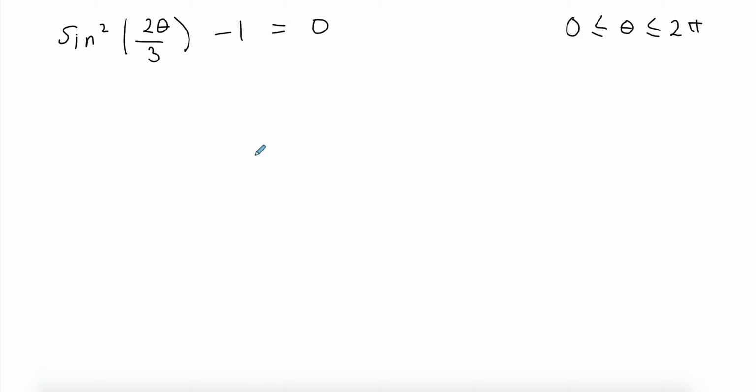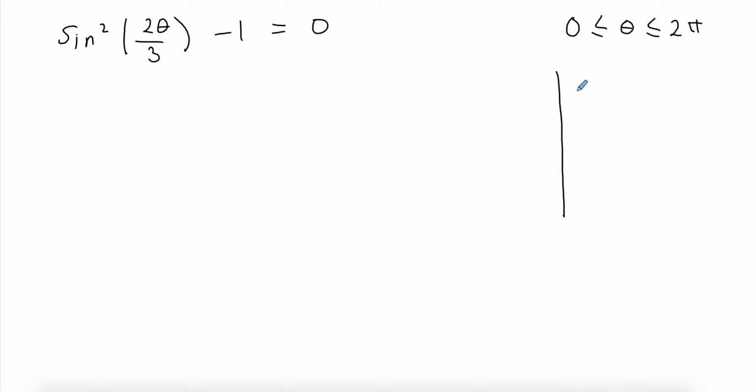Now, initially I was like, wait, this looks like the Pythagorean identity. So you can solve it using the Pythagorean identity, and I would encourage you to do that, to check that you can get to the same answers, especially if you want to practice a similar question.